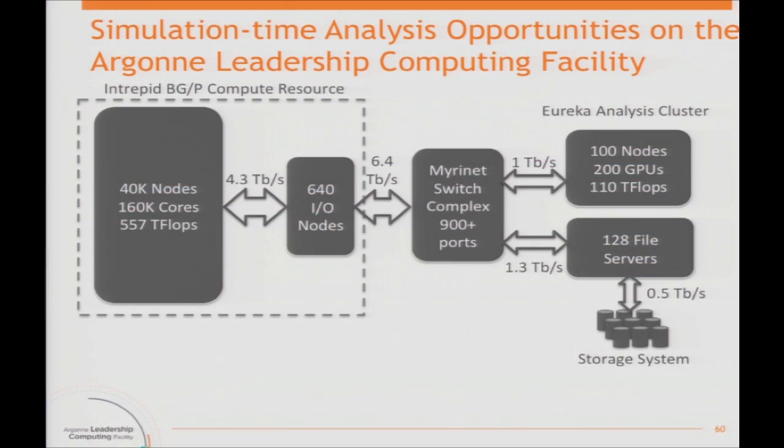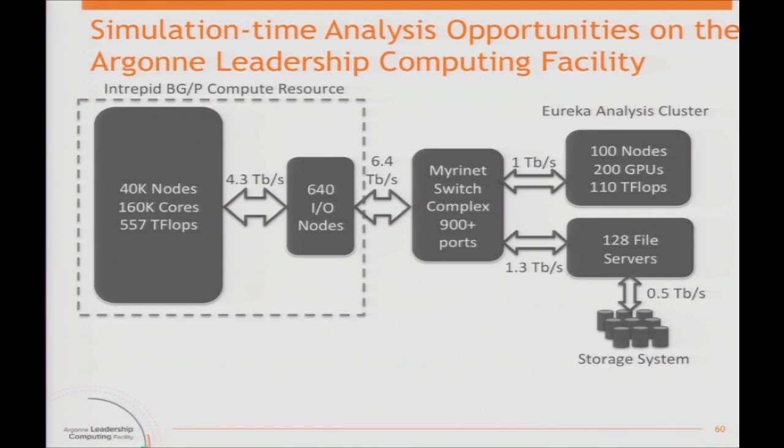So what you're seeing over here is the architecture of ALCF1. On the left is Intrepid, which is our BlueGene P system. This is connected over a network to both our analysis cluster, which is Eureka, as well as to our file system using a Myrinet switch complex.